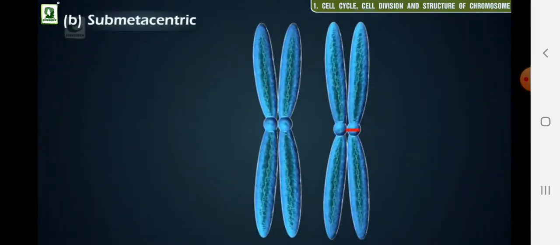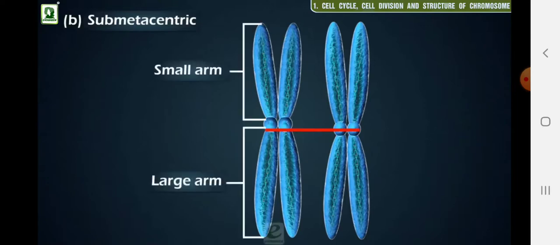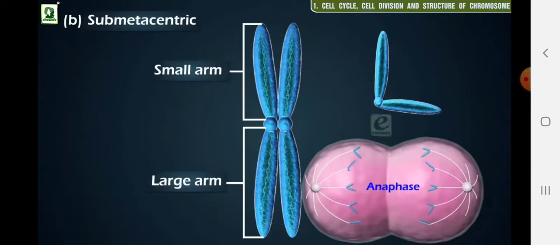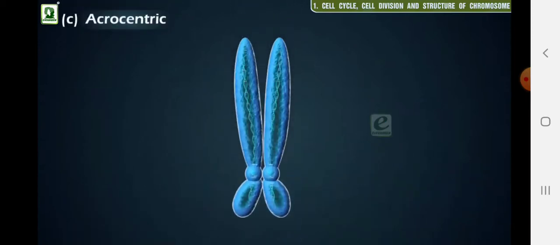Submetacentric. The centromere is slightly away from the center, so that one arm is slightly larger than the other. Such chromosomes are L-shaped during anaphase. Acrocentric.